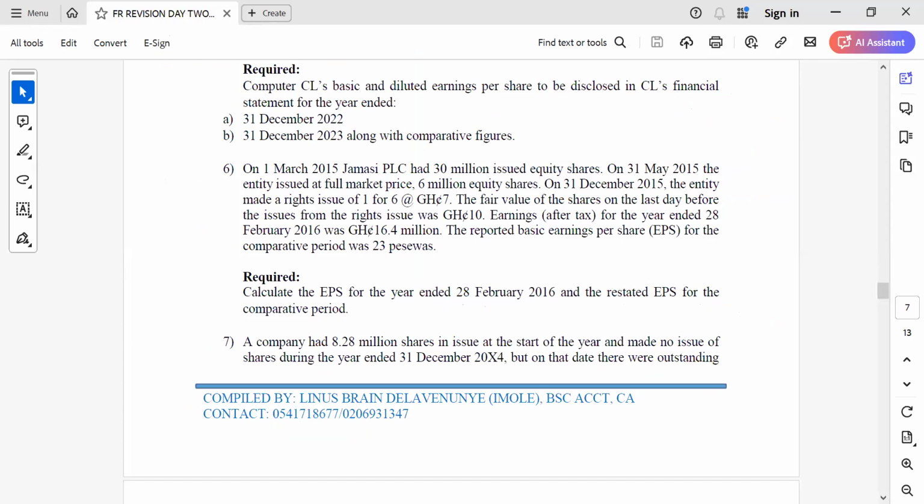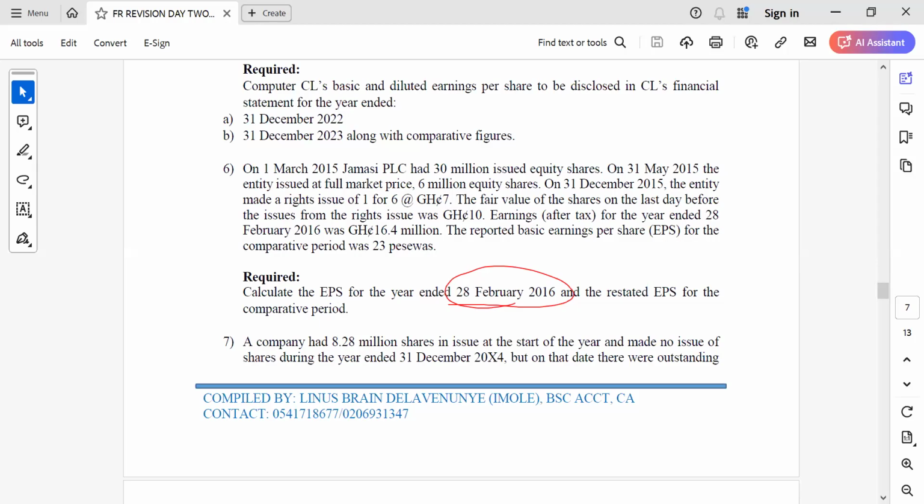The reporting date is 2016. Okay. So 31st May, so June will be 9 months. Am I correct? Yes, 9 months. So it means that their shares will do 9 months.